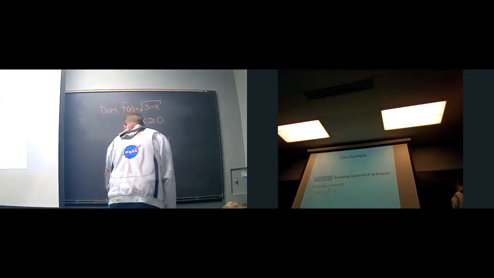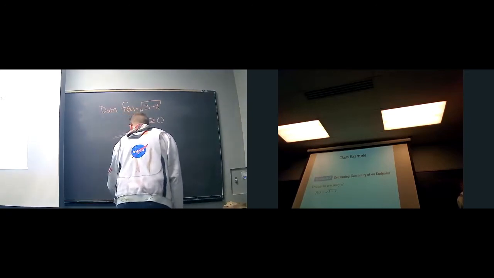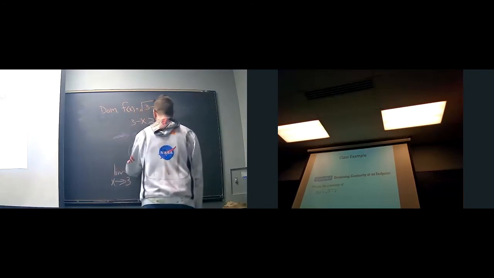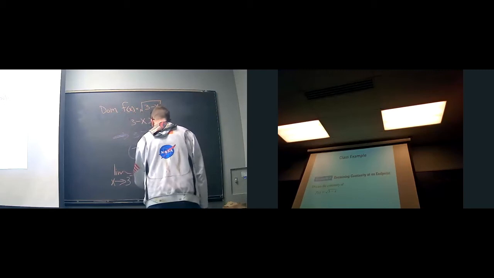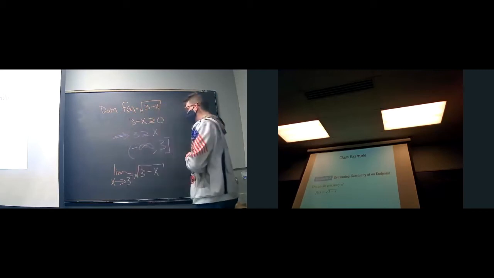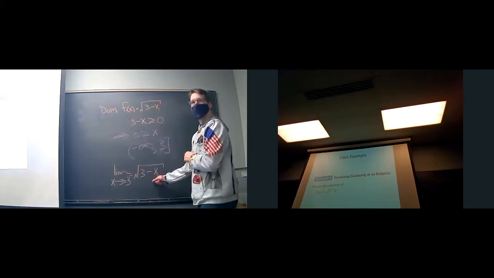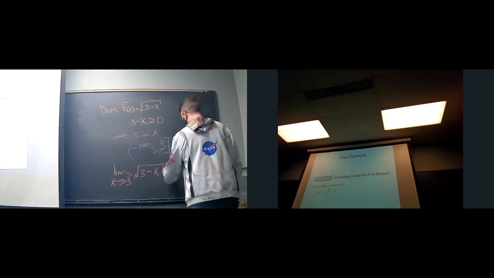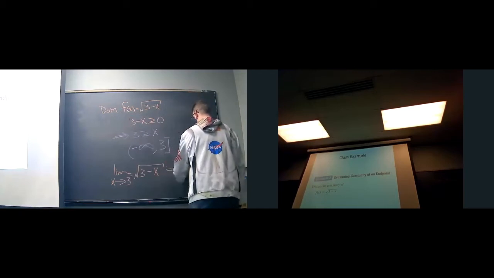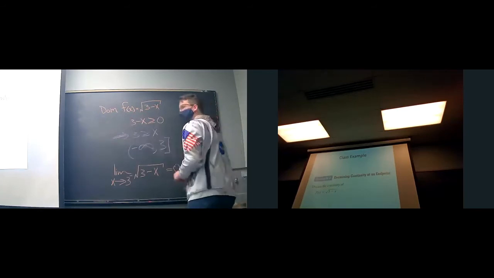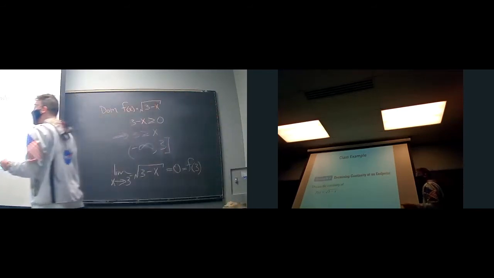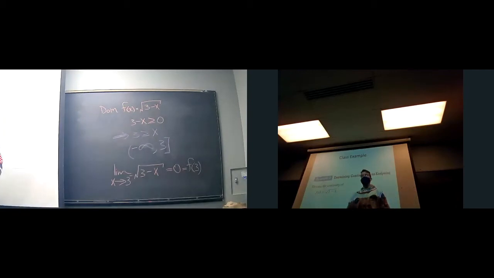In that case, we're going to need to take the limit as x approaches 3 from the left of the square root of 3 minus x. Well, this is going to come out to be 0, isn't it? Which is equal to f at 3. So we would say that this is continuous in its entire domain.